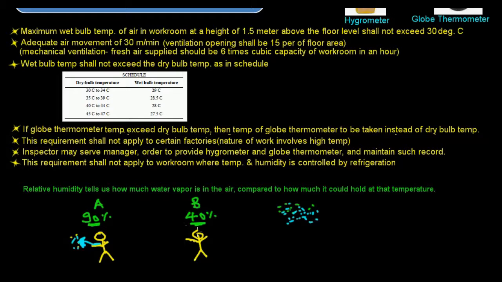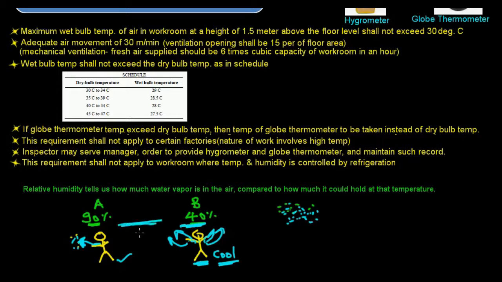Whereas in case B, since the air only has 40% water vapor and there is 60% scope, the sweat present on the body of this person will evaporate very fast. So once the evaporation takes place, this person will feel very cool compared to the person at place A.